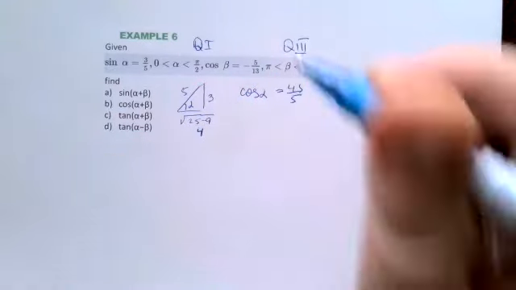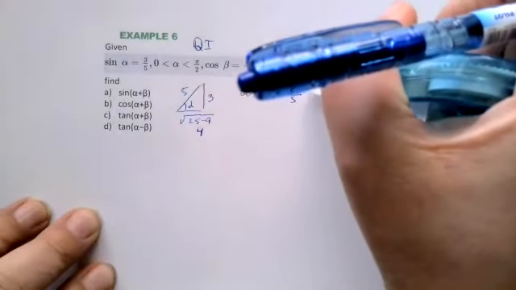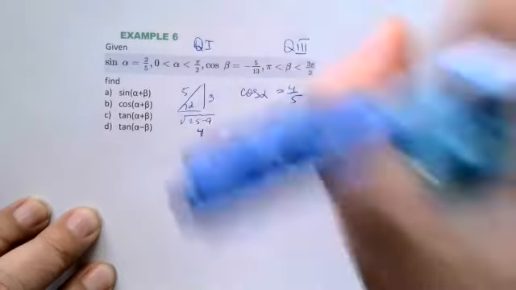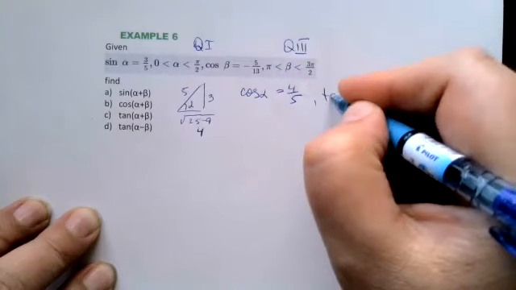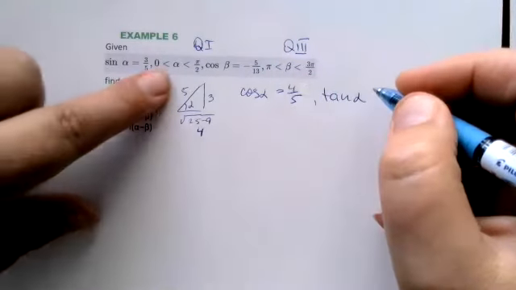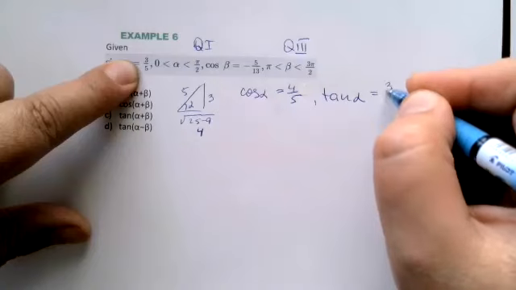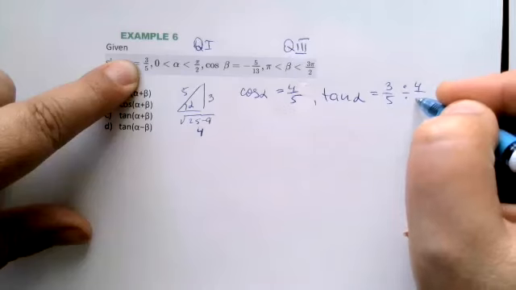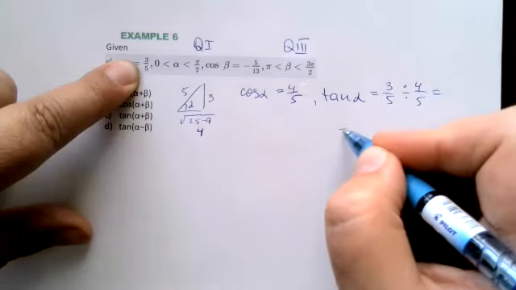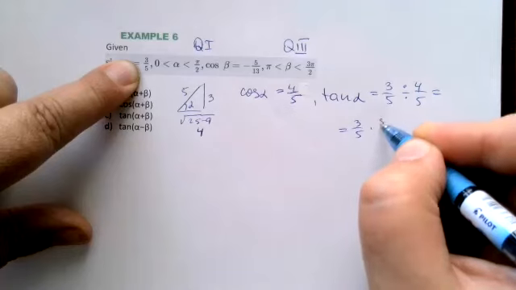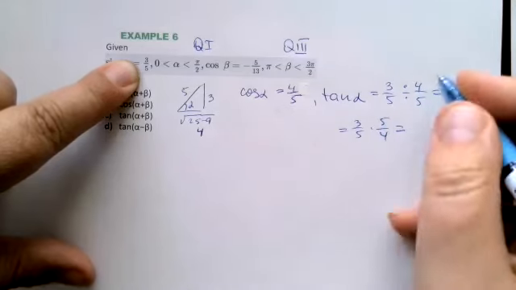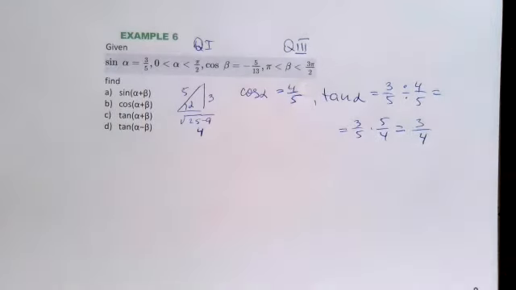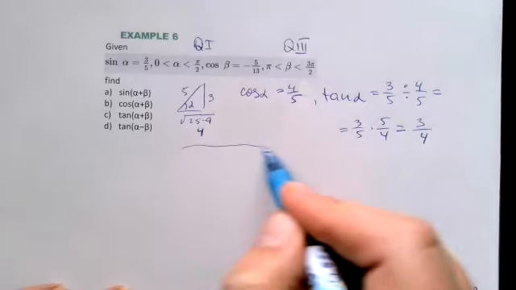And the tangent of alpha is sine divided by cosine, where sine is 3/5 divided by 4/5. So we're going to have 3/5 times 5/4. So the tangent alpha is 3/4. Okay, and so that's alpha.